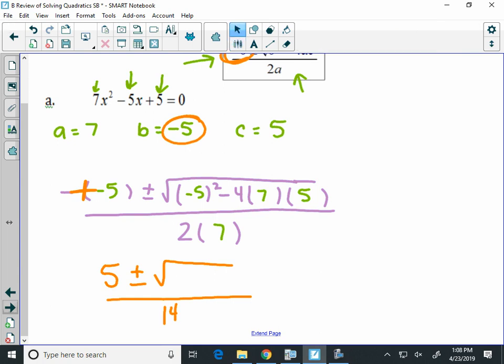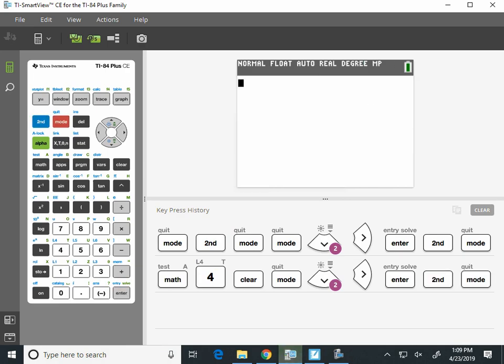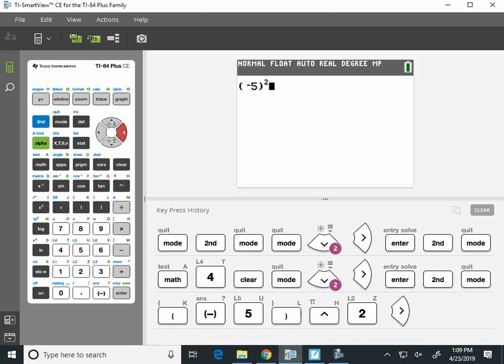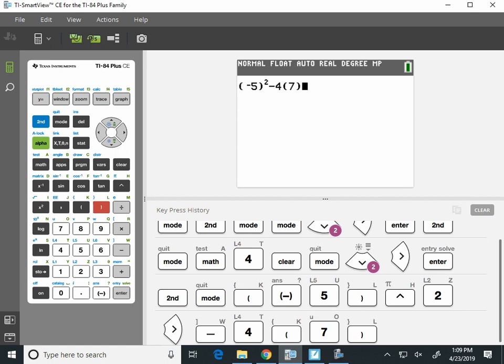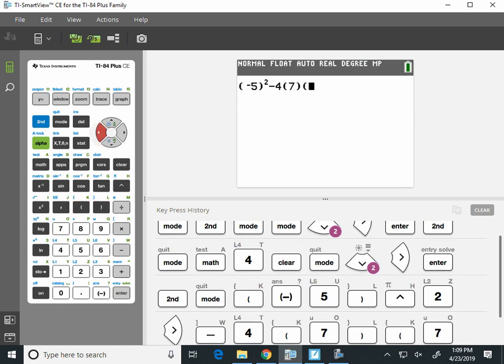So in my calculator, I'm going to type in exactly what is written without the radical, just what's underneath. Negative 5 squared minus 4 times 7 times 5. Exactly how it's written, with the parentheses around that negative 5.